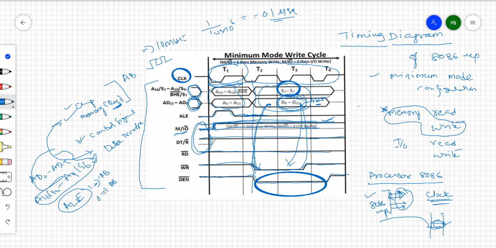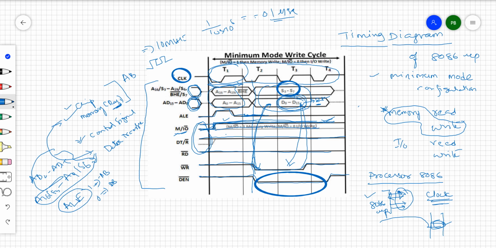Look at it once again. See, with respect to time, all these signals are going to be high or low. Once ALE is low during the T1 state, the multiplexed address and data bus acts like an address bus, as well as the multiplexed address and status bus acts like an address bus, right? By that time, this is high, it is receiving data only.